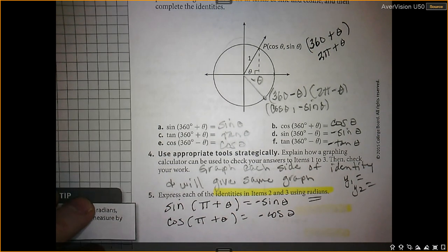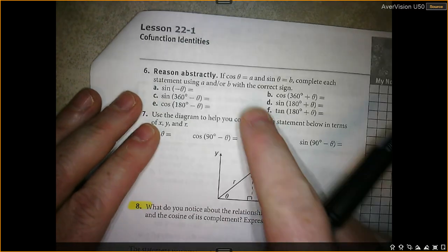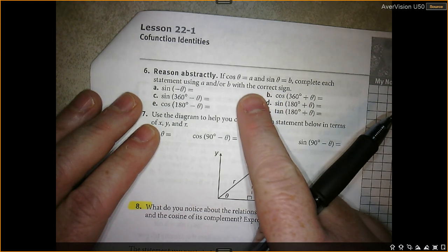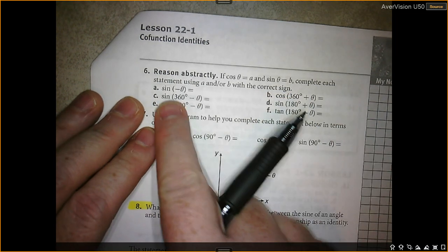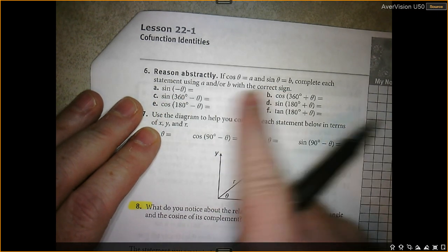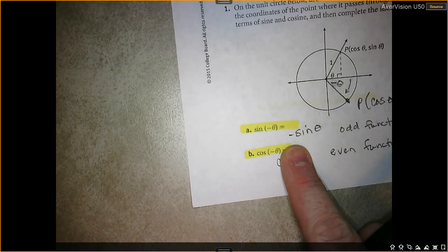Okay. Then on the next page, they're saying, okay, if cosine theta equals A and sine theta equals B, complete the statement using A and or B with the correct sign. So basically sine of negative theta. So if sine theta equals B, what is sine of negative theta? So what was that? Sine of negative theta was negative sine theta.